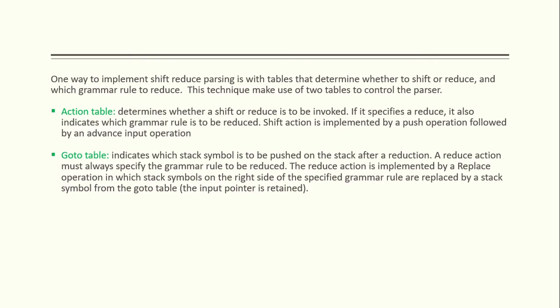Say the action is reduce 6, which means we need to refer to rule number 6. What are the non-terminals involved, and then we need to look into the goto table to see what we need to push inside the stack.